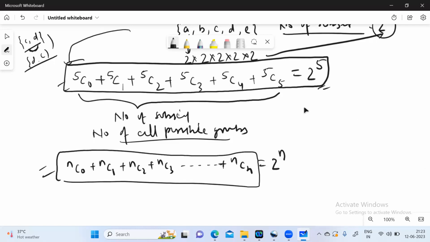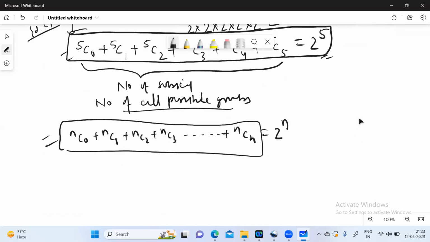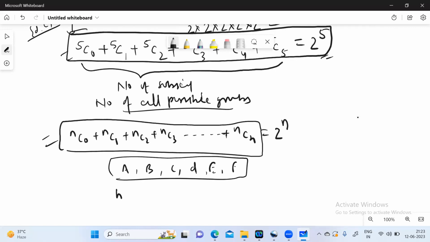Yes, sir. Very good. And I'll give you one little complexity which is frequently asked: there are 6 students A, B, C, D, E, F, and someone asks how many groups can be made with the people? You might be thinking it should be 2 to the power 6, but you need to reduce 1 from it.